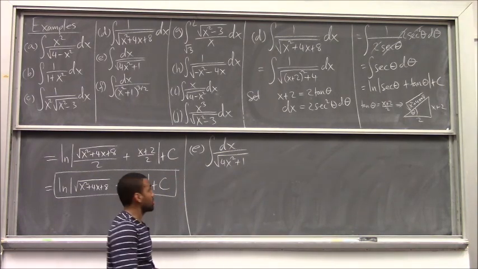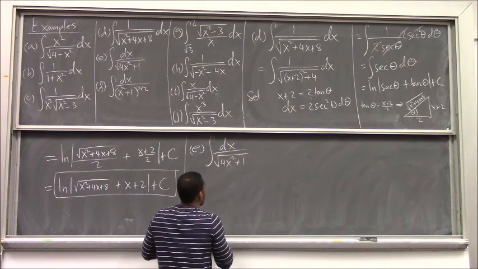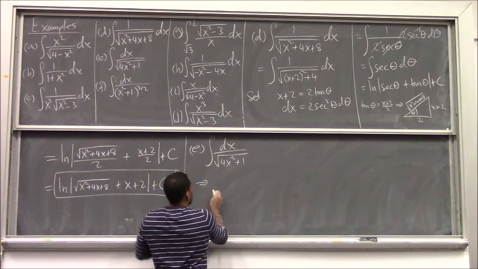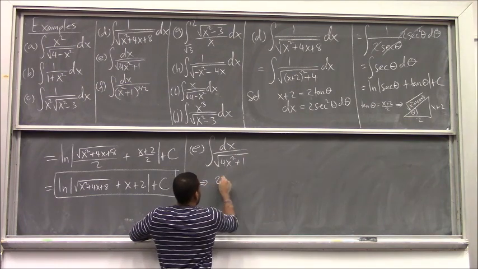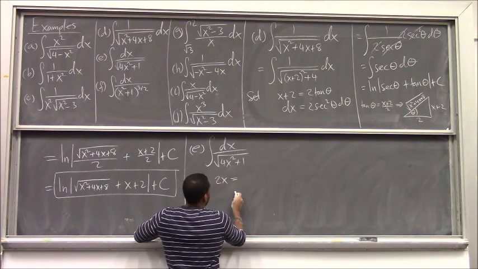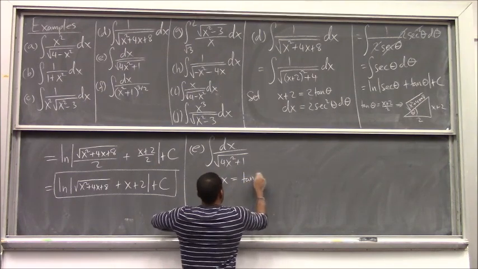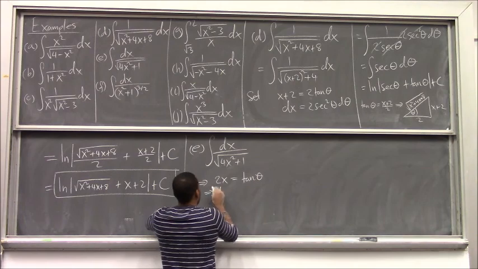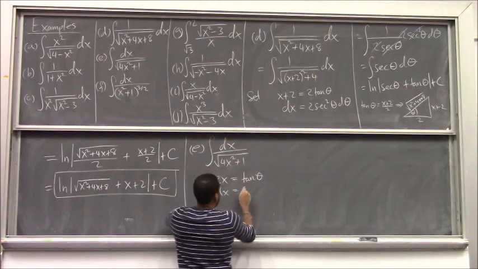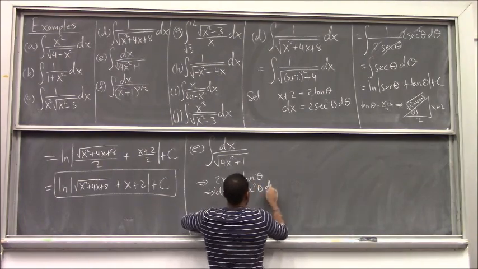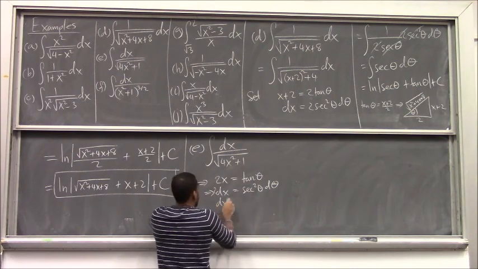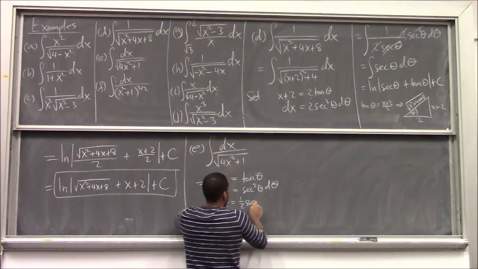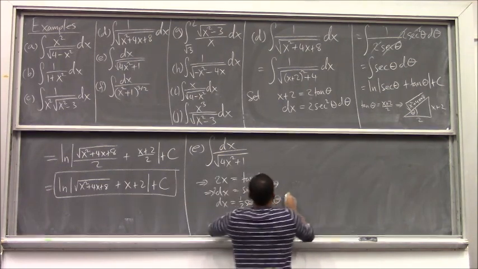You've got 2x squared plus 1 squared under the radical. So 2x is equal to tangent theta. So we have 2 dx equal to secant squared theta d theta, or your dx would actually just be 1/2 secant squared theta d theta.